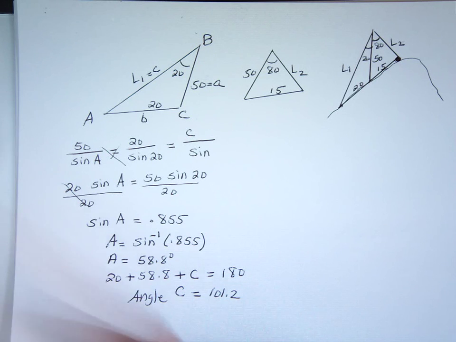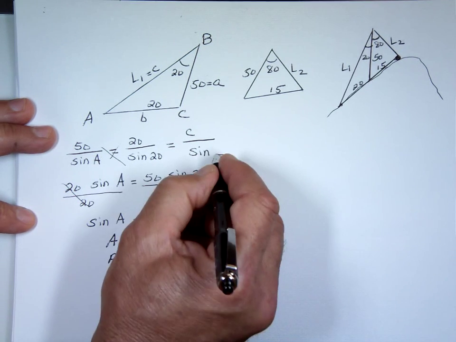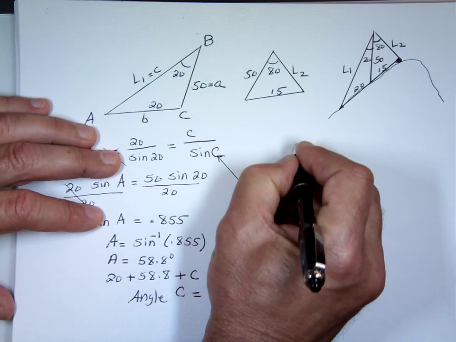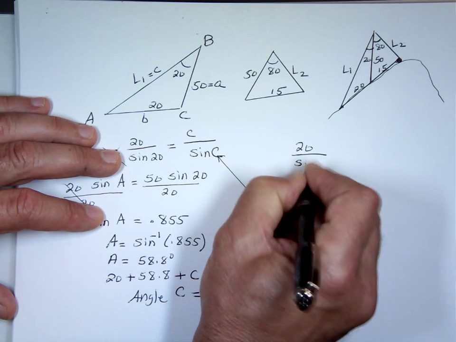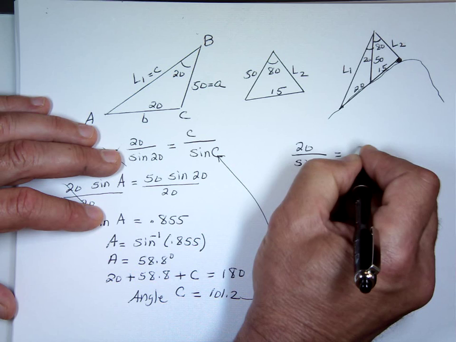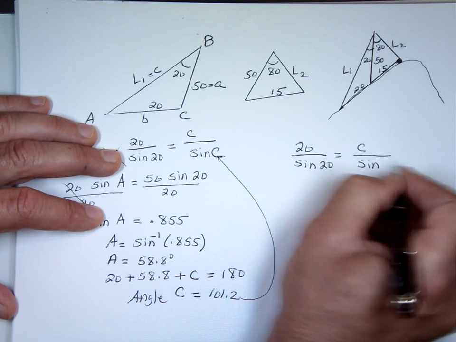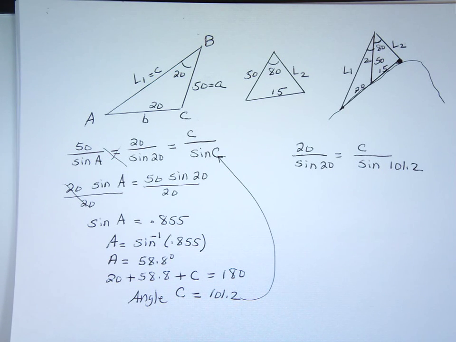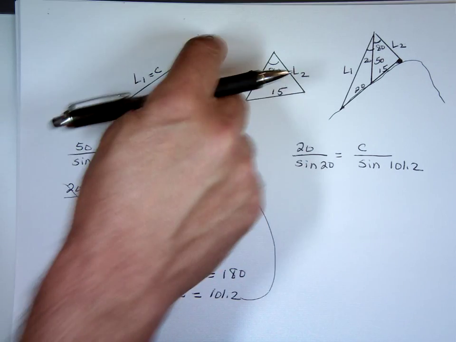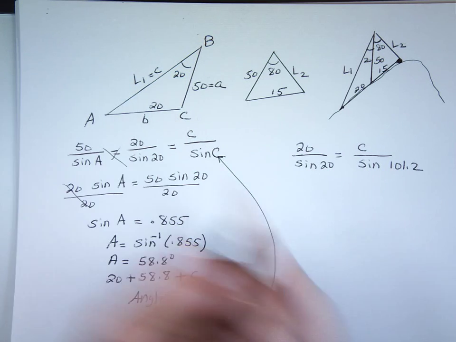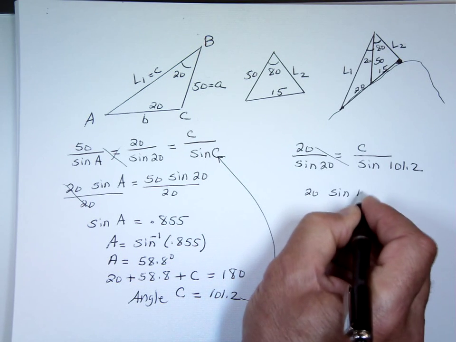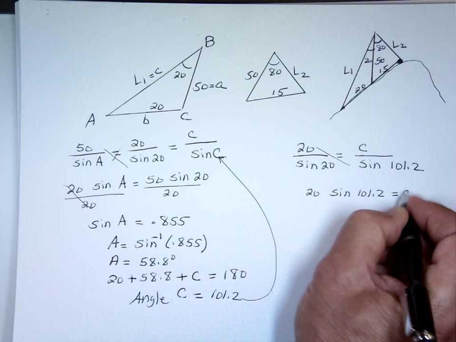Now I can take that number here and put it right there, because I know what C is. So here we go. 20 over sine 20 is equal to C over sine 101.2. How many unknowns do you see there? 1. C is the length of the first cable, L1. So cross multiply: 20 sine 101.2 equals C times sine 20.